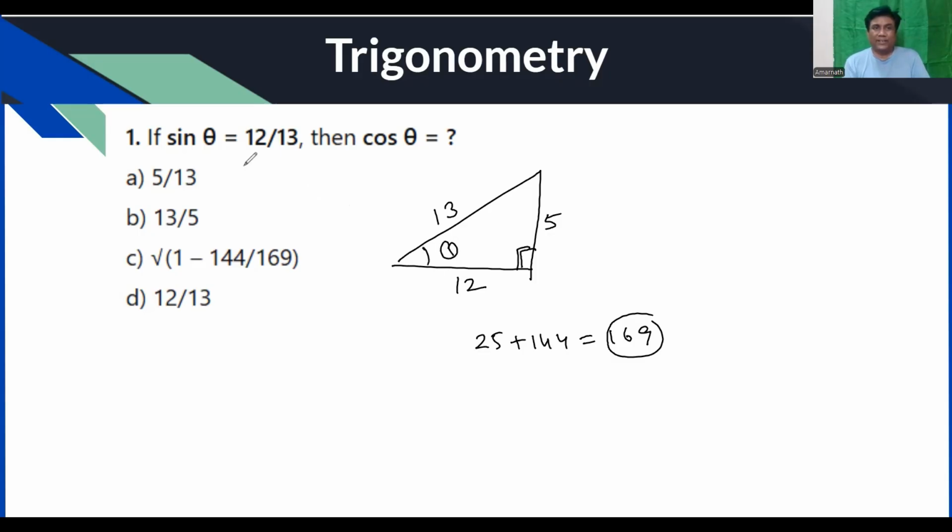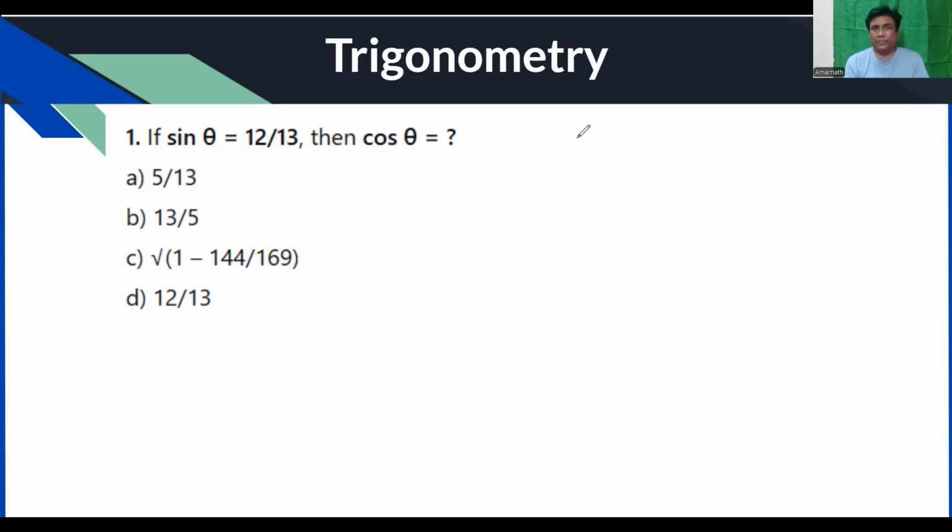Here sine theta is 12 by 13. If it is observing theta, it will be perpendicular over hypotenuse. But I don't do it this way. Let me try, as I have told you already, according to that way only. Sine square theta plus cos square theta equal to 1, I know.